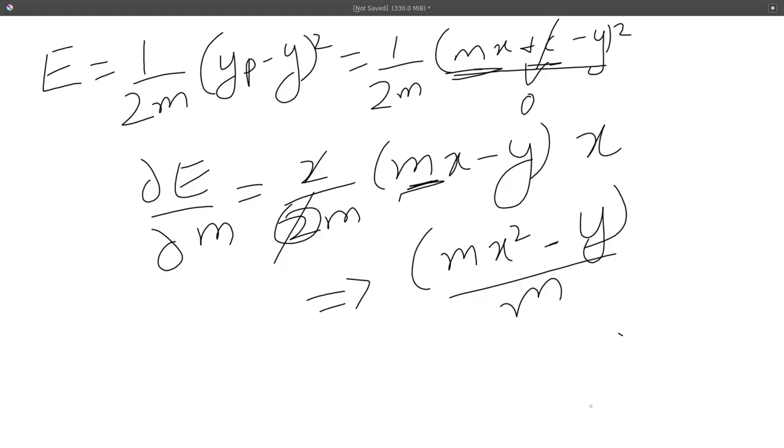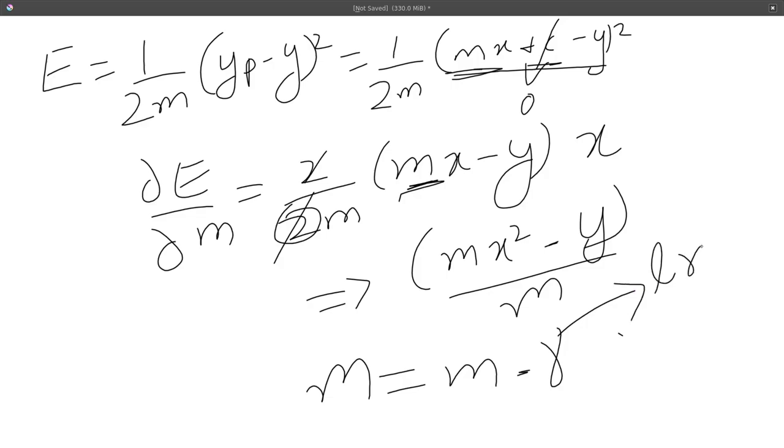So what we'll do is we'll take a value of m and we'll update the value of m with a given value. This value is basically called the learning rate. What this is will get clear in a little while. So we'll take this, then we'll update the value with the derivative of the error with respect to m, right?